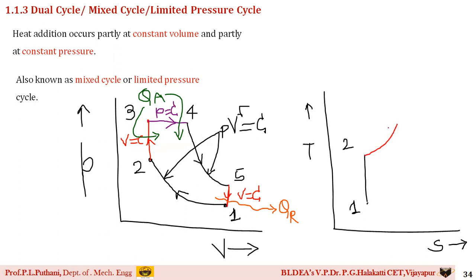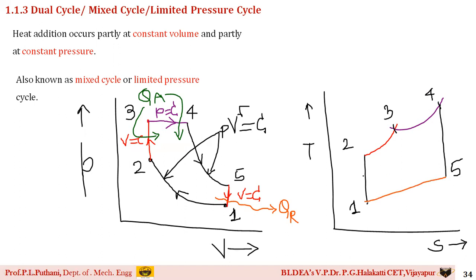So it looks like this. Then 3 to 4, it looks like this. Here, this is 3, this is 4, and the isentropic expansion process somewhat like this, 5, and finally heat rejection at constant volume.